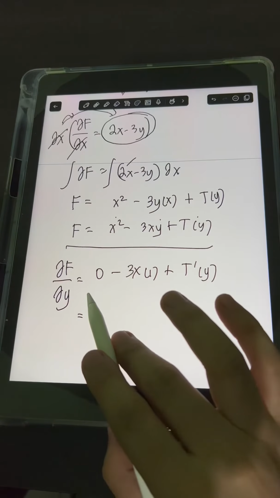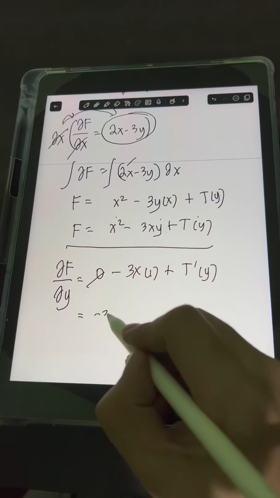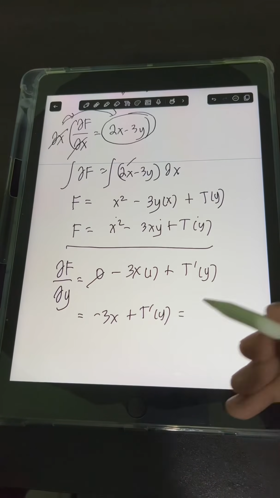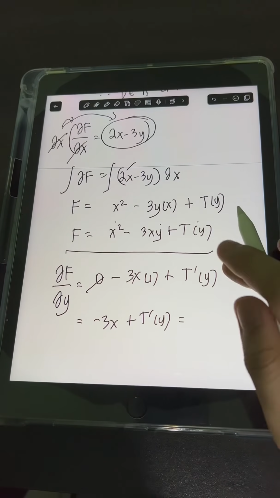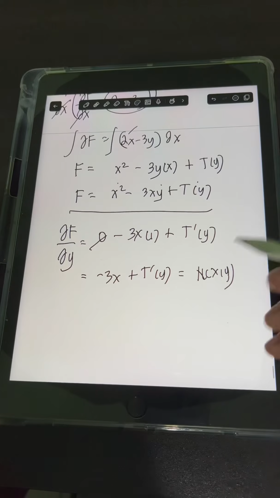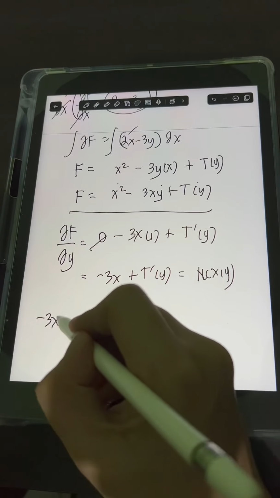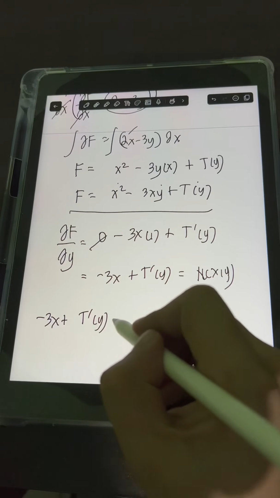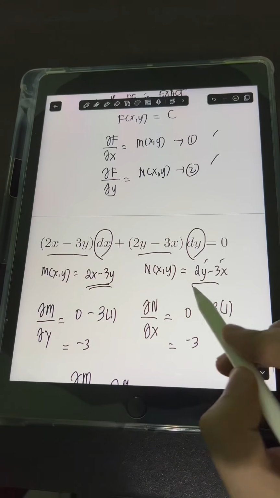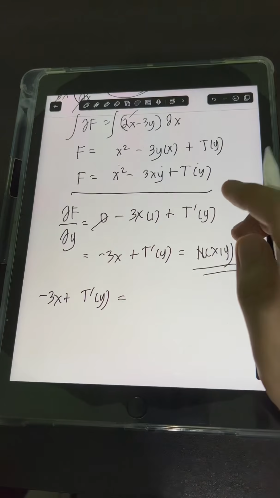So we will have negative 3x + t'(y). And then we will equate this to N(x,y). So we will have negative 3x + t'(y) equal to N(x,y); going back, its value is equal to 2y - 3x.